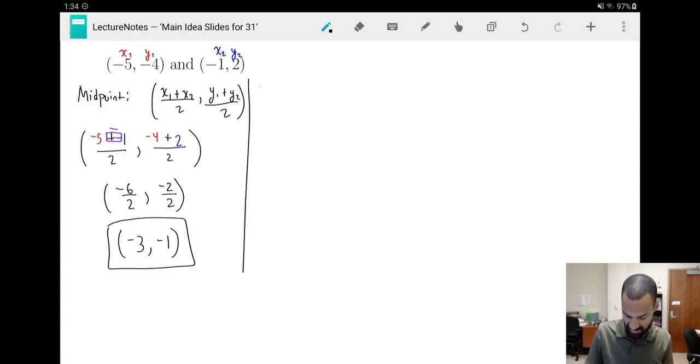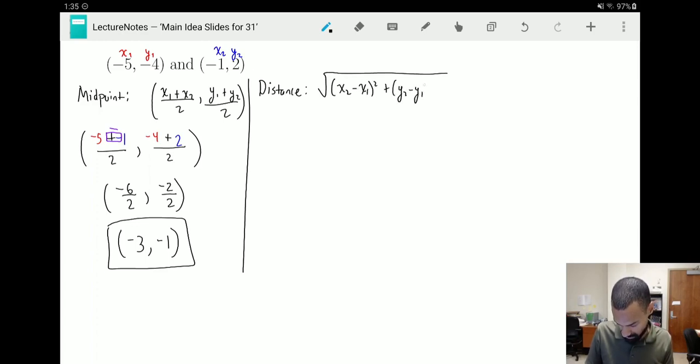Let's find the distance now. Remember the distance formula. We want the square root of the difference in the x values squared plus the difference in the y values squared. The square root of all of that. I'm going to use the same 2 points.